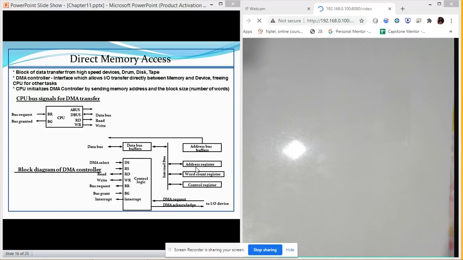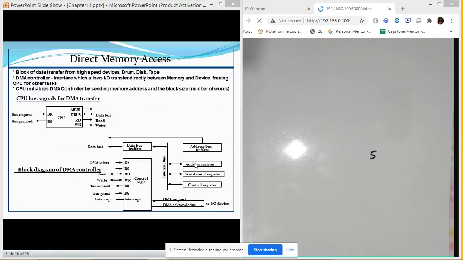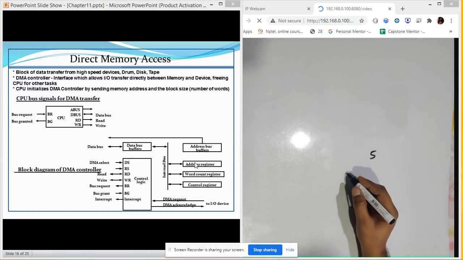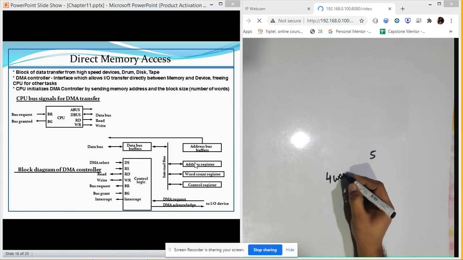The process of incrementing this register by 1 or 2 is done by the DMA itself. For example, if I want to read 4 words and the address given by the CPU is 5, I have a word count of 4.